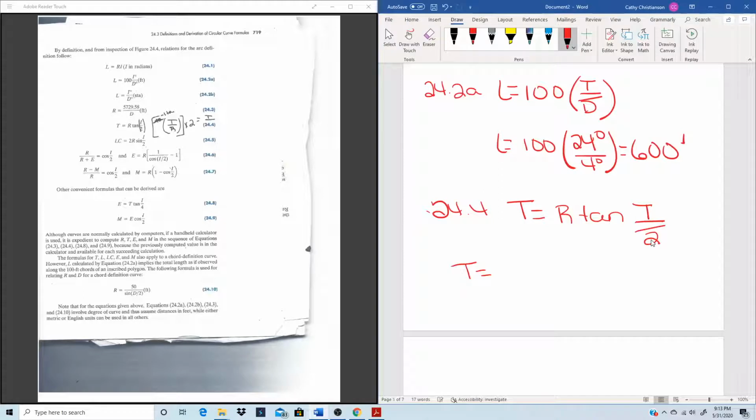Our R we just solved is 1432.685, times tangent of I, which is 24, divided by 2. I got 304.567. This is feet.